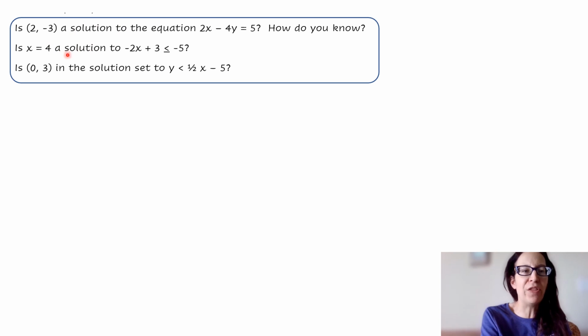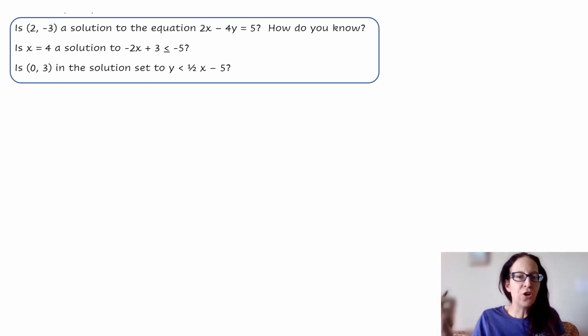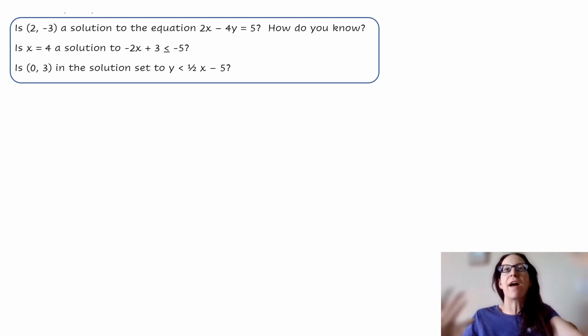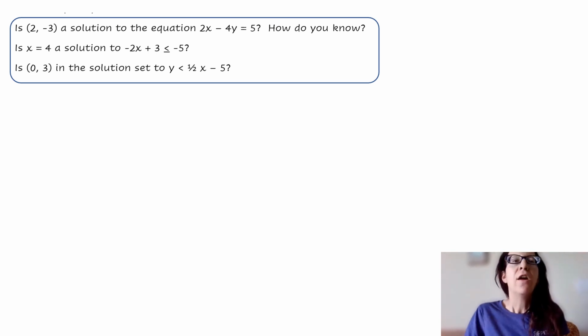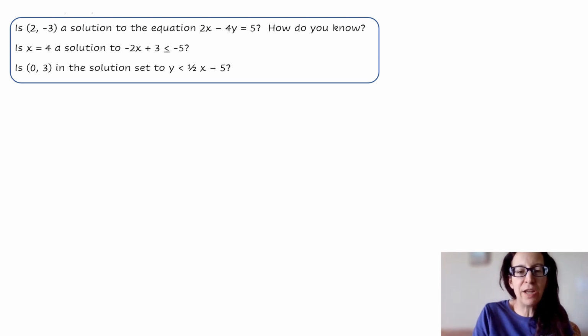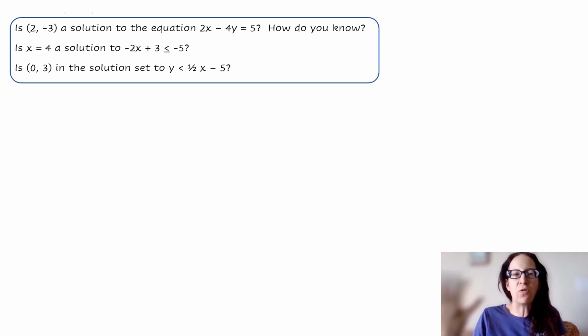All of these questions are basically assessing, do you understand what a solution is? When you're asked to solve something or identify a solution or pull the solution out of multiple choice, whatever it might be, how do you know what you're looking for? The solution is the value of the variables that make the equation, system, inequality, whatever it might be, true.